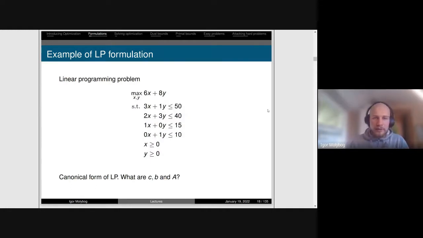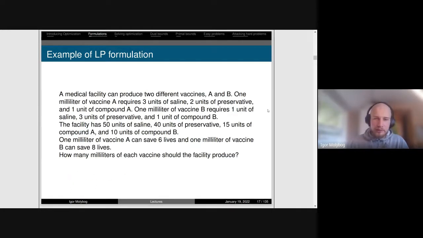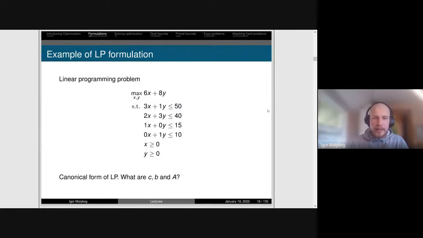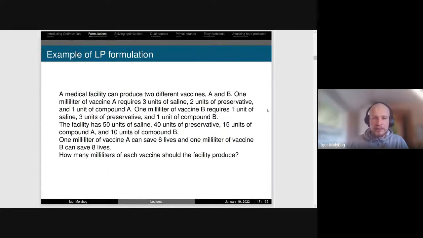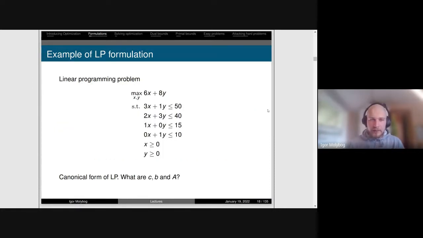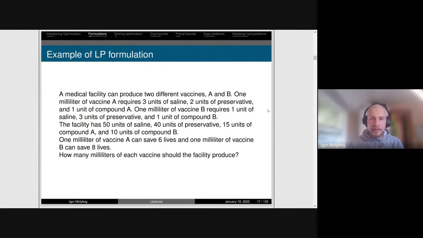First of all, the variables, as we said. Let's say that X is the amount of vaccine A produced, and Y is the amount of vaccine B produced. Then we know that each item of vaccine A requires 3 units of saline, and each item of vaccine B requires 1 unit of saline.